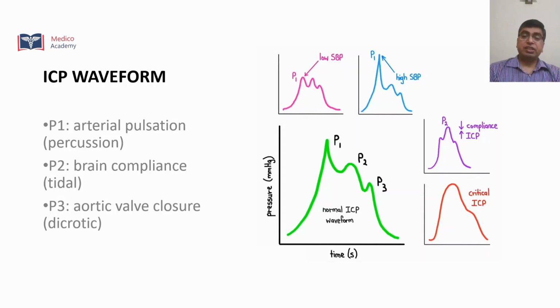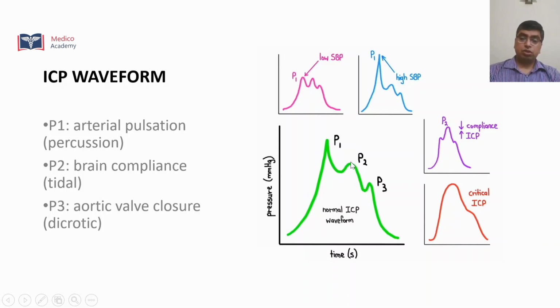Then, while measuring the intracranial pressure, we see the intracranial pressure waveforms. This graph shows the normal intracranial pressure waveform. In this, P1 is the arterial pulsation.